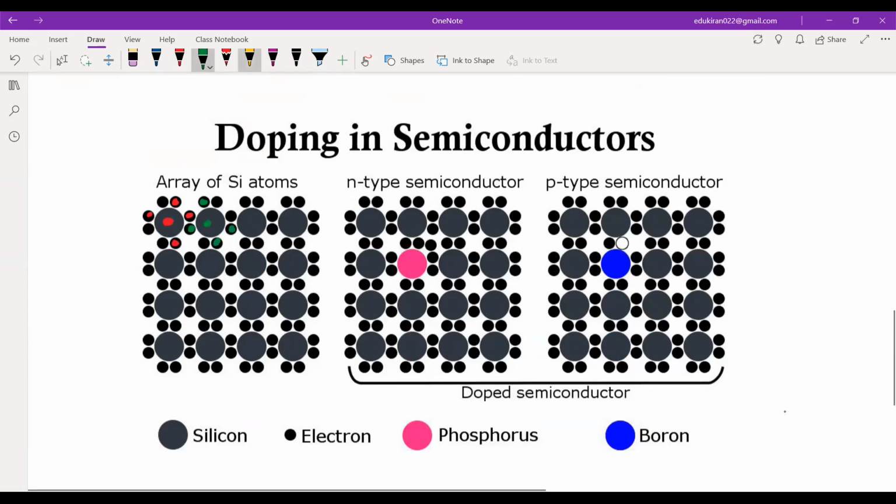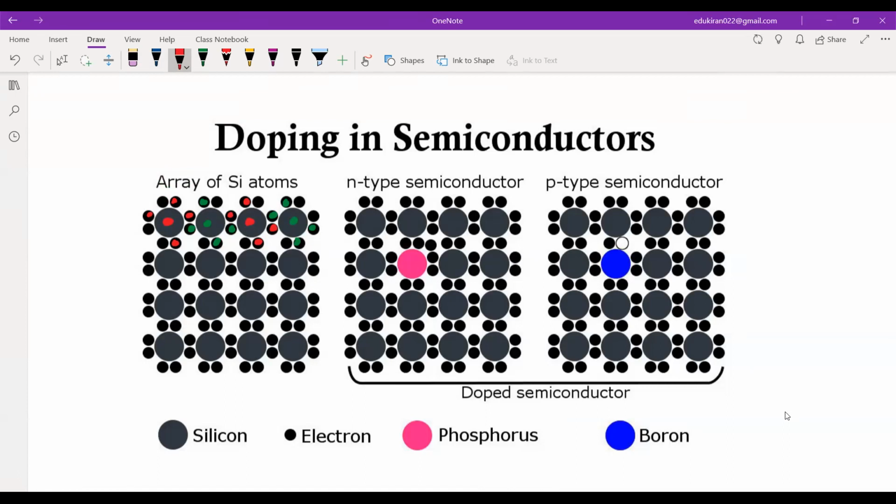Then again you have this red atom with its electrons 1, 2, 3 and 4, and similarly another green atom with electrons 1, 2, 3 and 4. So these are the electrons of silicon in each of them. Imagine this is an array of silicon atoms. It conducts electricity, but the conductance is not very high. So we can do something.